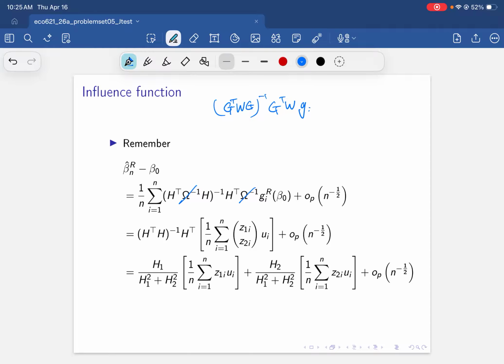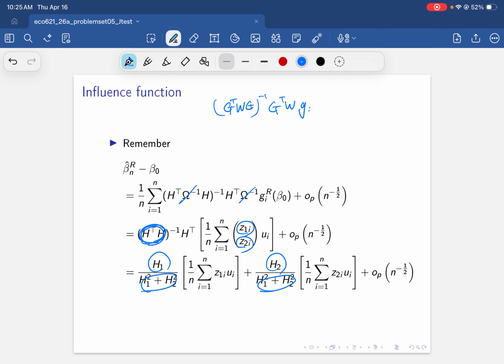This is really annoying, but I did it. This part will become the denominator. It is actually scalar. H prime H is scalar, so it goes to the denominator. And H is H1 and H2, so H1 times this, H2 times this.